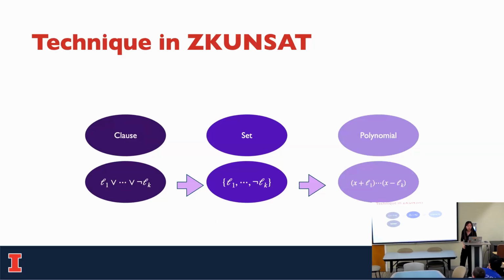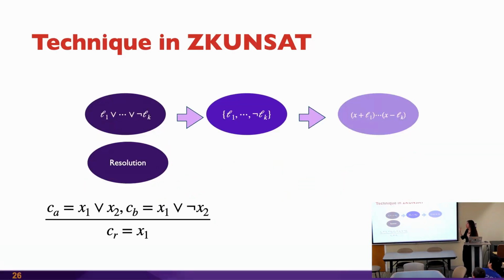Now I'm going to show you how to encode the constraint imposed by the resolution as a constraint over the polynomial. Here, this is a resolution, forgetting the existential part.